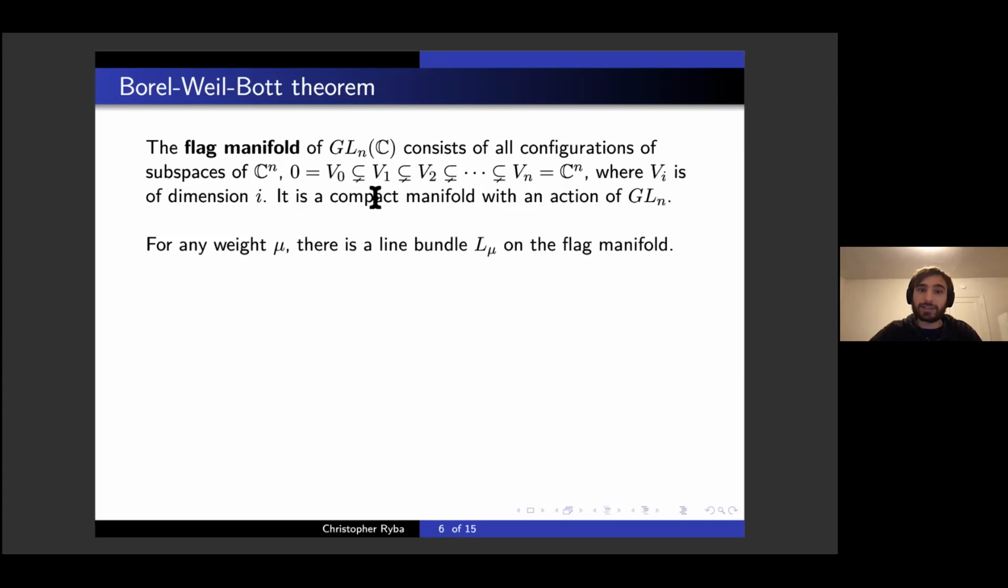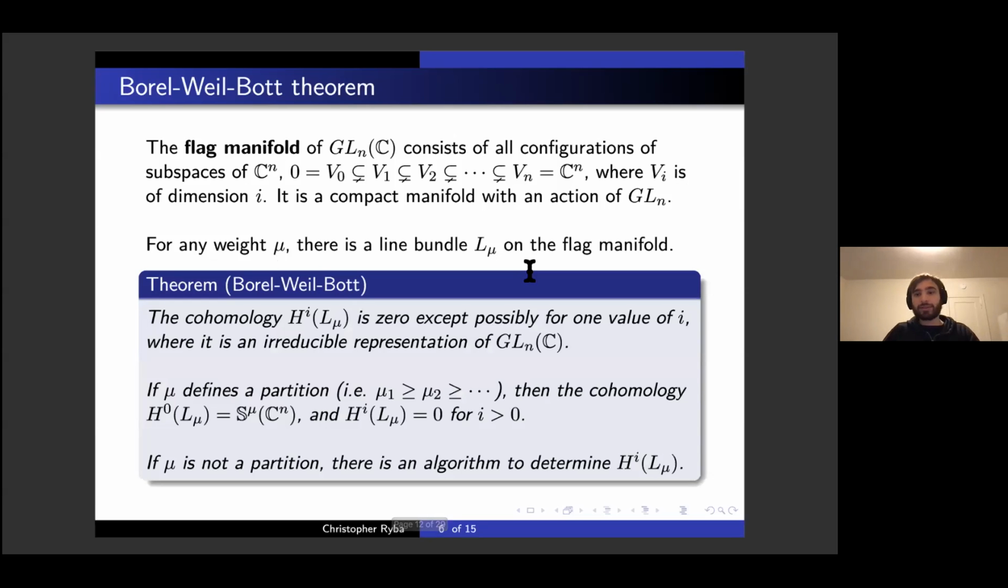So it preserves this relation of subset but not equal to, and therefore gives me another flag. And so it turns out that there's some recipe, given a weight mu, of producing a line bundle on this space. And so the Borel-Weber theorem is about the cohomology of these line bundles.